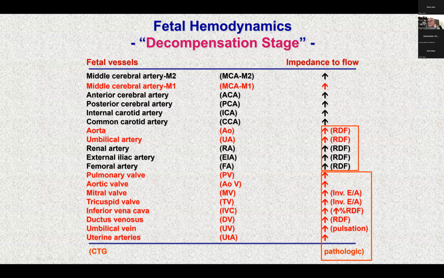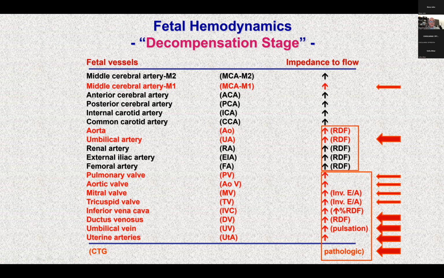Here you can see the scheme of this decompensation stage that is characterized by reverse diastolic flow in the umbilical artery and in the arterial district of the fetus, all alterations with the increased impedance to flow in all cardiac and venous district of the fetus.